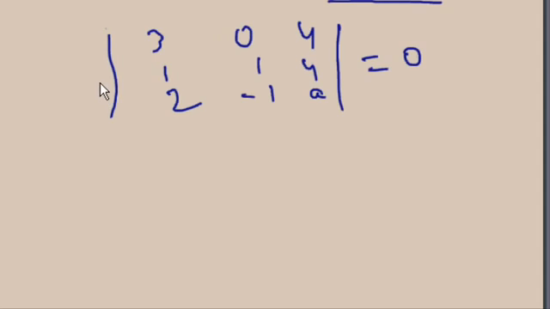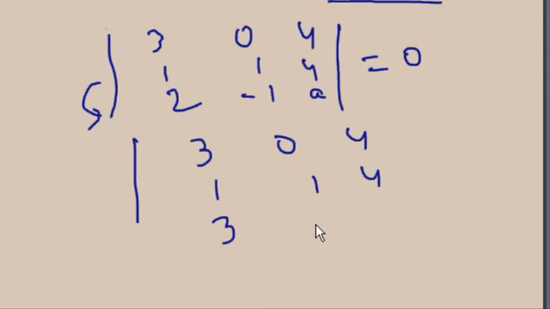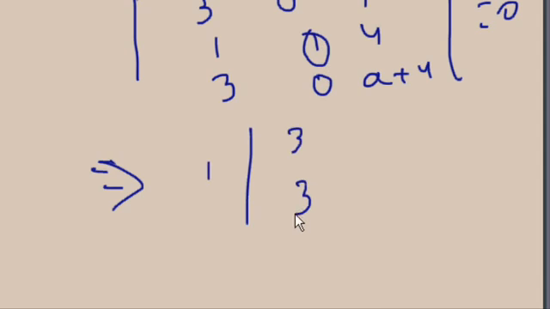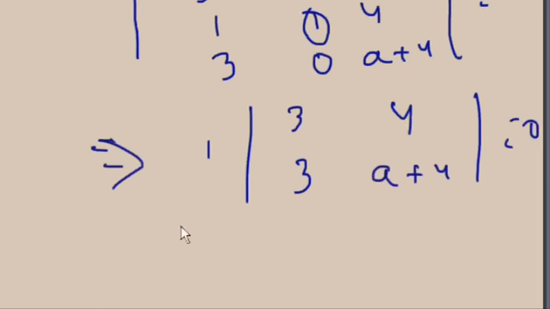Now performing R3 add R2, we get 3 0 4, 1 1 4, 3 0 A plus 4 is equal to 0. Expanding across this, 1 into 3 3 4 and A plus 4 is equal to 0.